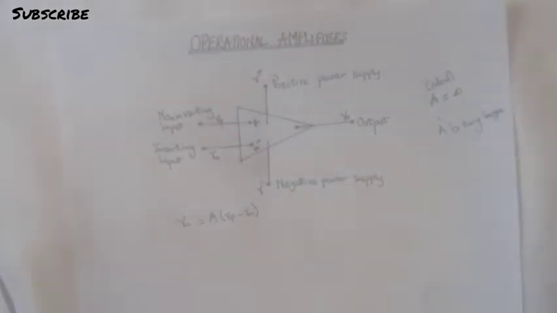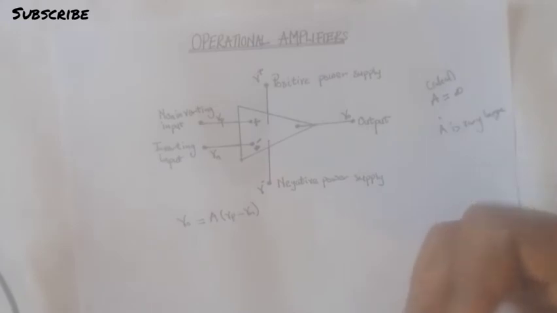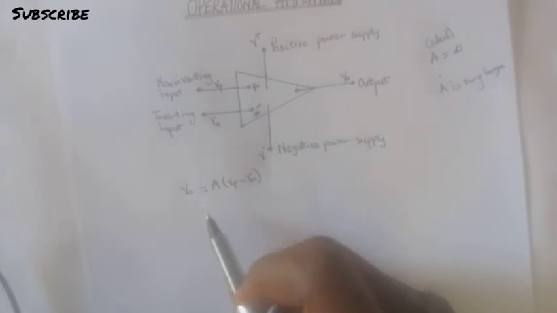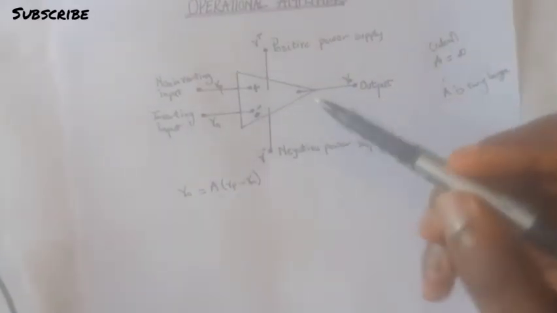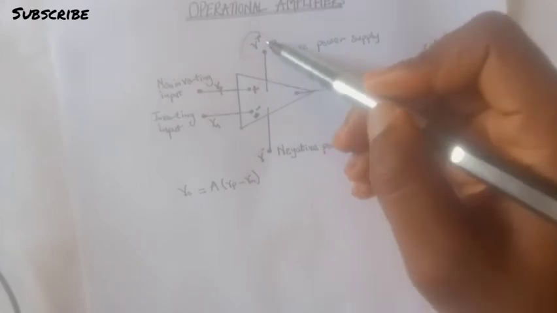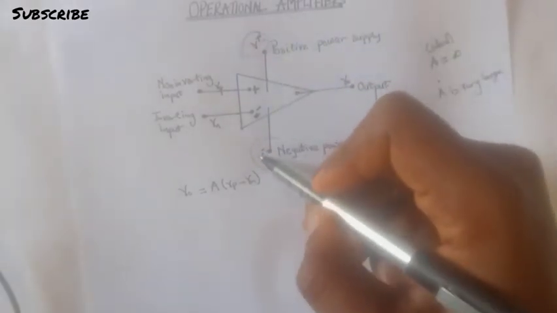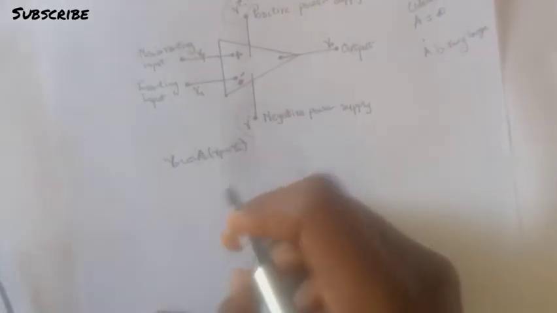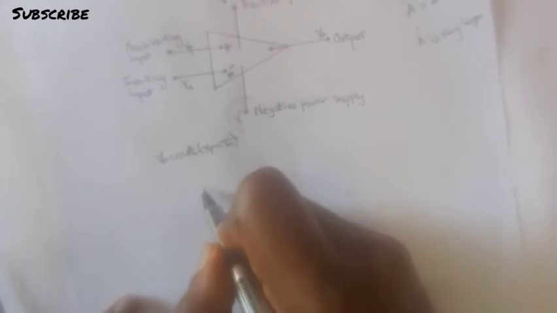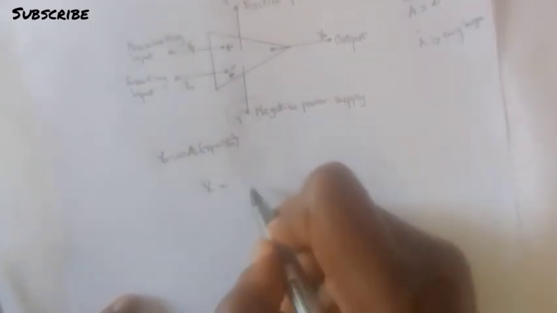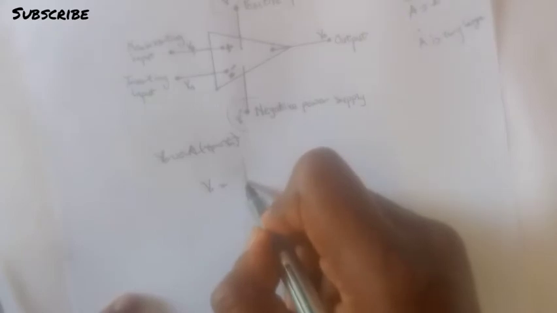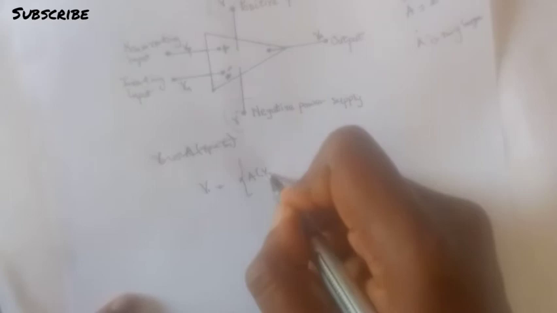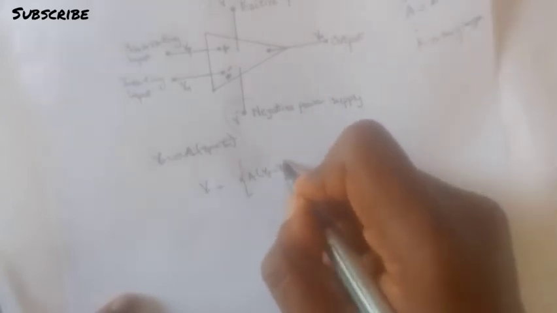But here's the thing, in an operational amplifier, there are upper and lower limits. So the output voltage in an operational amplifier cannot be greater than V plus or V minus. In essence, the actual function for the output voltage of an operational amplifier would be V0 equals, we have three possible outputs: A into Vp minus Vn, V plus, or V minus.